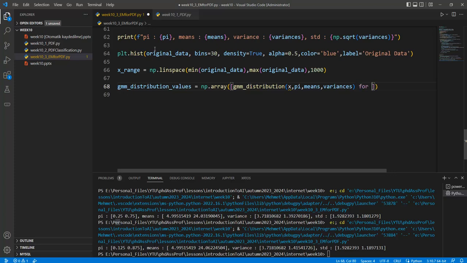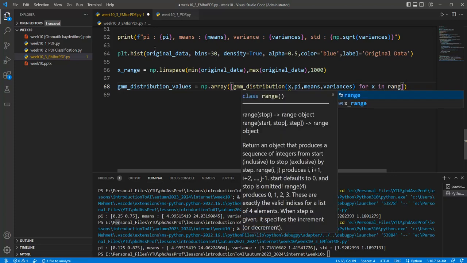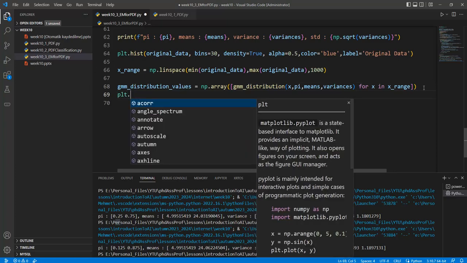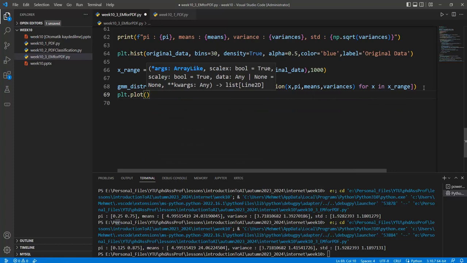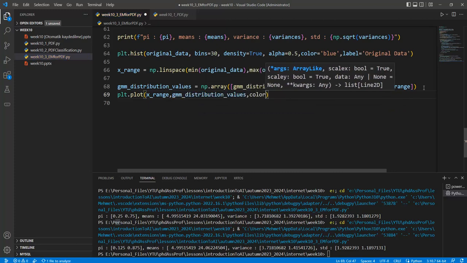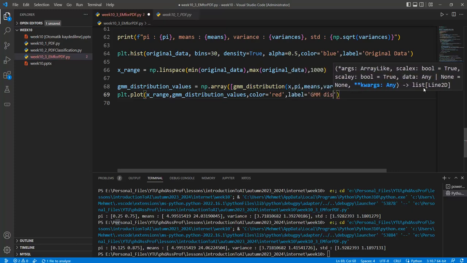But for X in range, no, X range, because we have the np.linspace. Okay, max and min data, right? And so plt.plot is also given for X range, GMM distribution values, color red, and label GMM distribution.